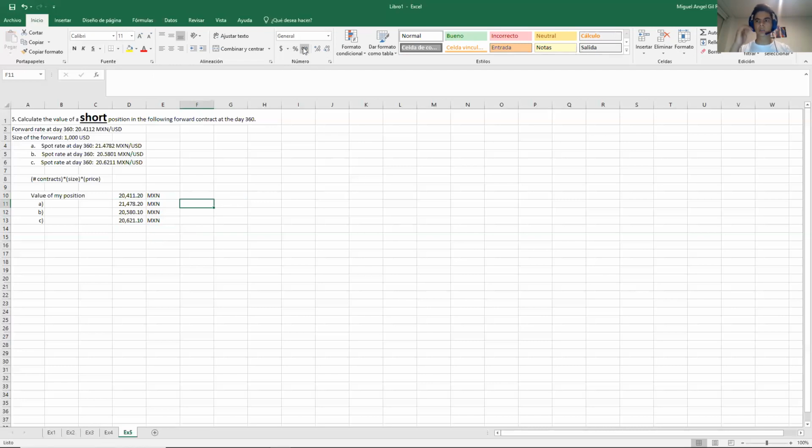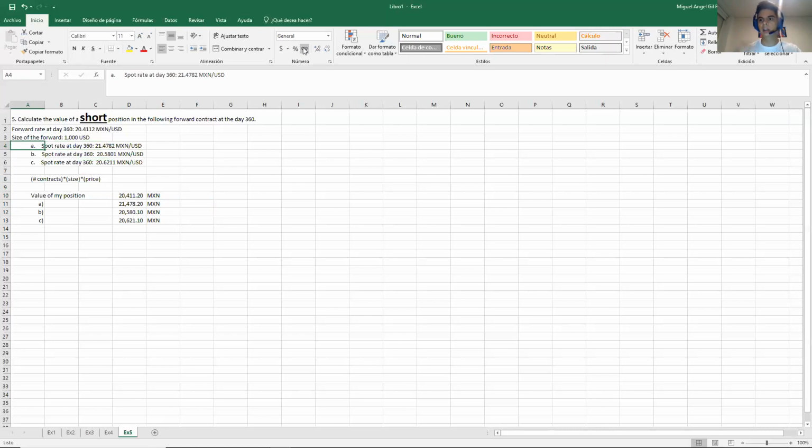Now the last thing that I need to do is to calculate the difference from the value of my position in A with the value of my initial position, and then interpret that difference as if it is a loss or a profit. Okay. So I know that maybe some of you already memorized that when you have short, what do you have to subtract? But let's do it with more logic instead of just memorizing. So if I have a short position, I will be happy if the price decreases, right? Because I am forced to sell.